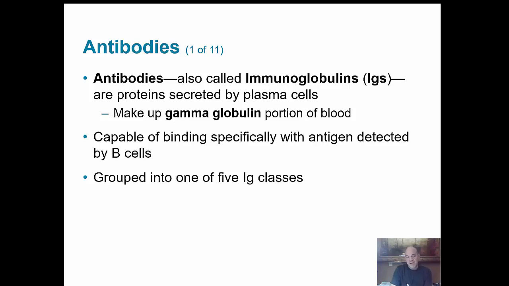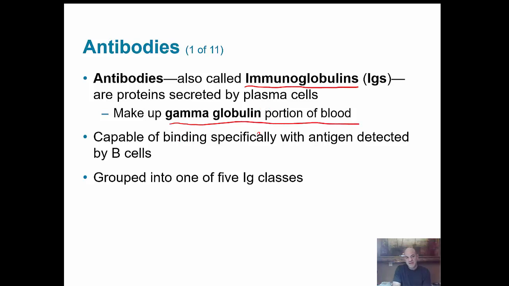So looking at antibodies themselves, they're also going to be called immunoglobulins. Let me underline that there. And we're going to abbreviate immunoglobulins as Igs. These are going to be the proteins that are secreted by the plasma cells, and they're what make up the gamma globulin portion of your blood.